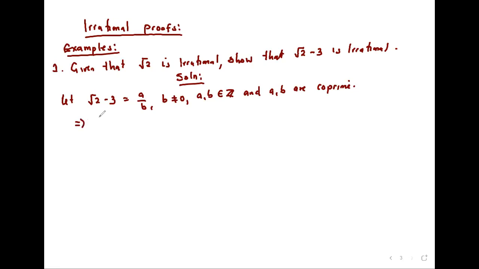So you say root 2 is equal to a over b plus 3 over 1, which is a plus 3b over b.